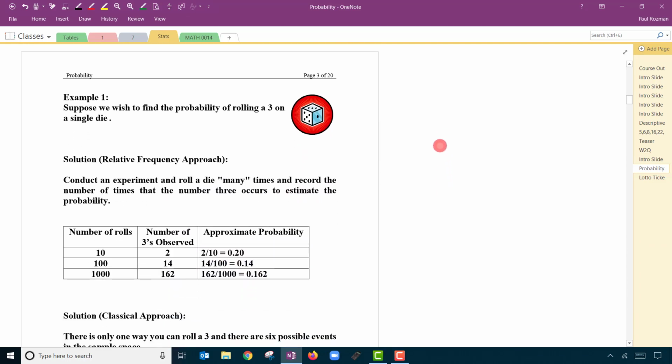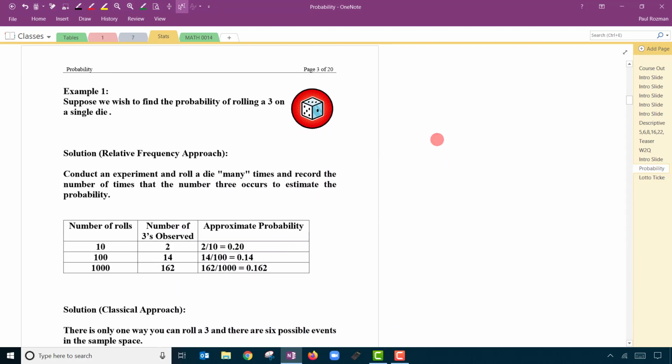I tested the law of large numbers by taking a single die and rolling it a whole bunch of times. I was interested in what's the probability of rolling a 3 on a single die.